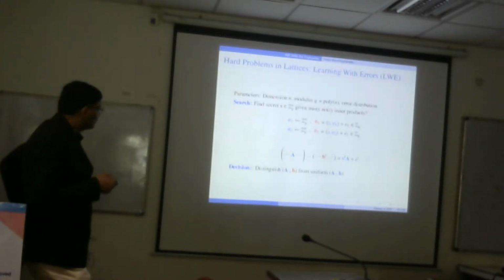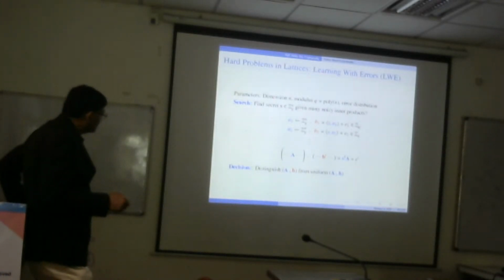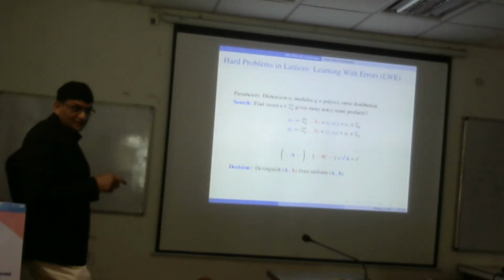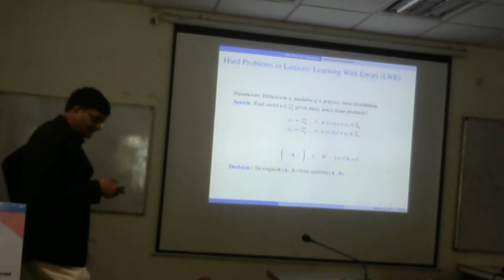How do you find it? What is the complexity? Since each vector is from Z_q, the selection of q, and then we have n such vectors, so that is q to the power n. That is why this complexity is exponential.